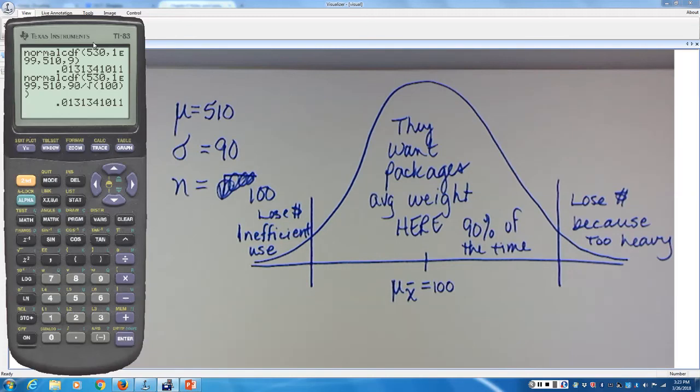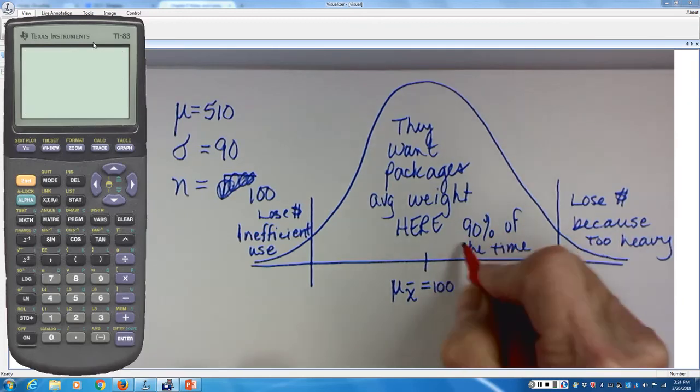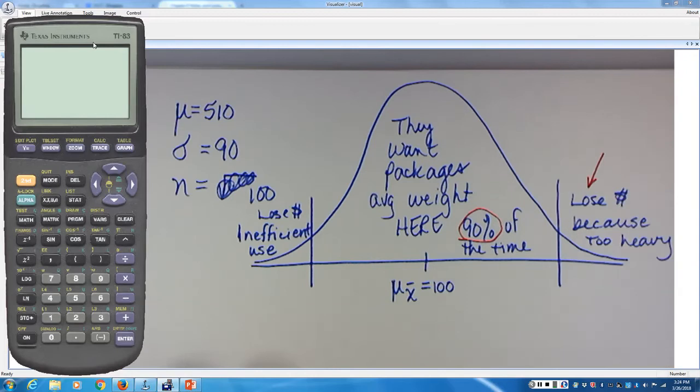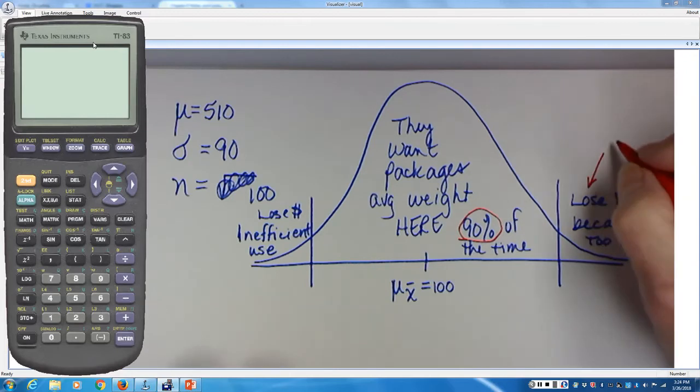Okay, they want to keep their packages in that interval 90% of the time. That means, because this is 90% of the time, they're trying to keep it down to less than 5% of the time.